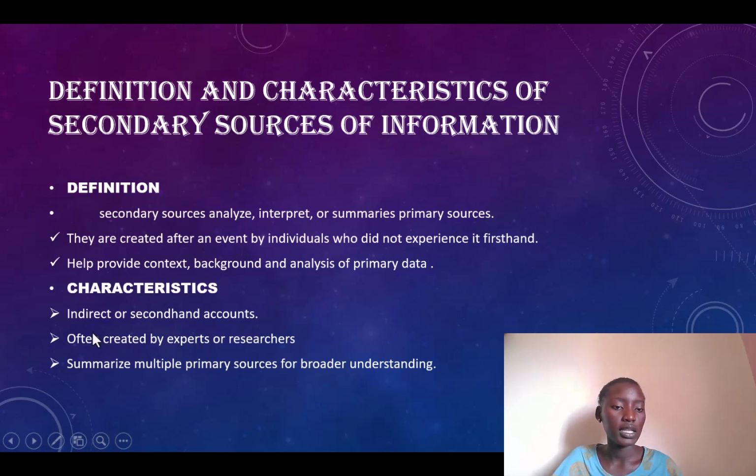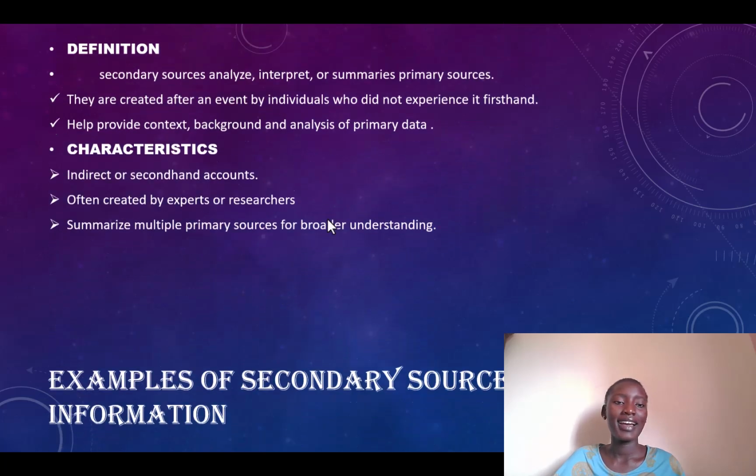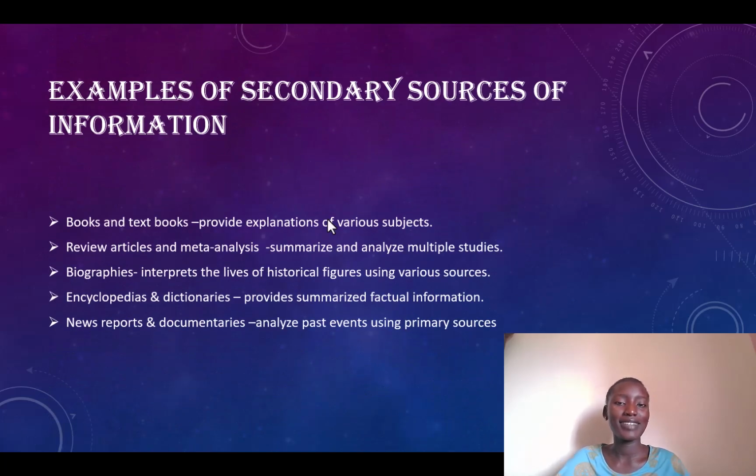They are often created by experts or researchers, and they also summarize multiple primary sources. So when we're dealing with secondary sources of information, we realize that most citations are from the primary sources.